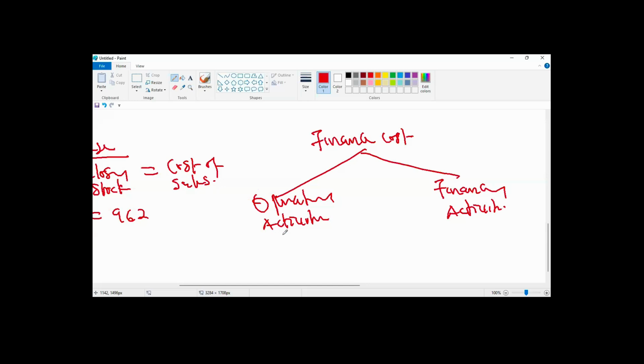If I use it as part of operating activities, you will not see it in financing. If I use it in financing, you will not see it in operating. It depends on your choice, and IAS 7 permits us to do that. You will still get the same answer.